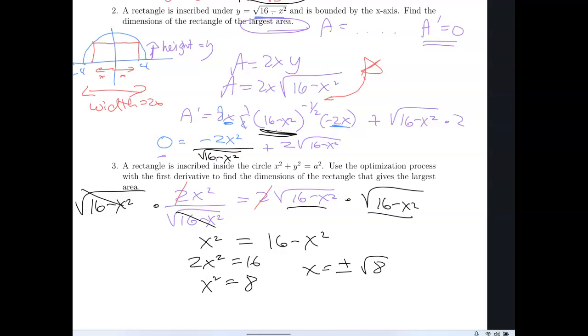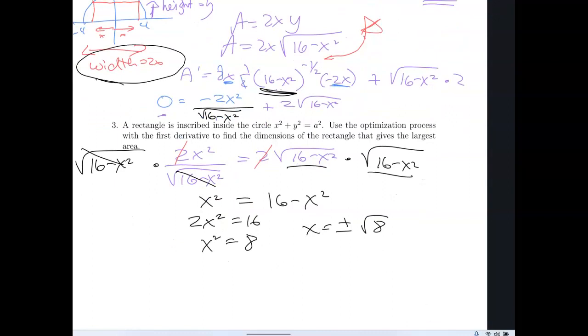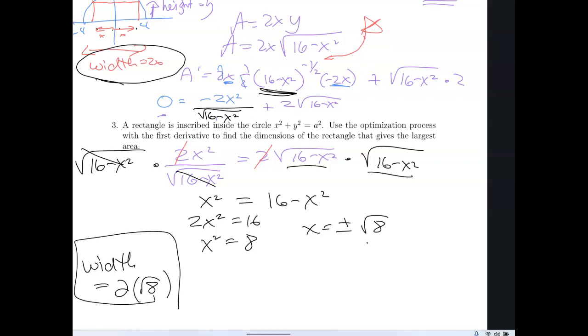So what was I doing again? Oh yeah, I want to find the width of my rectangle, right? So I can see the width of my rectangle will be 2 root 8, right? Because there's positive root 8, negative root 8, so that's the width of my rectangle. So how do I find the height of my rectangle?